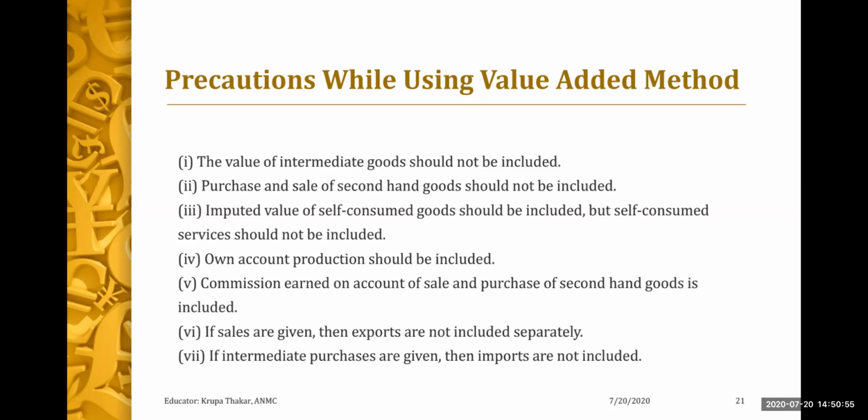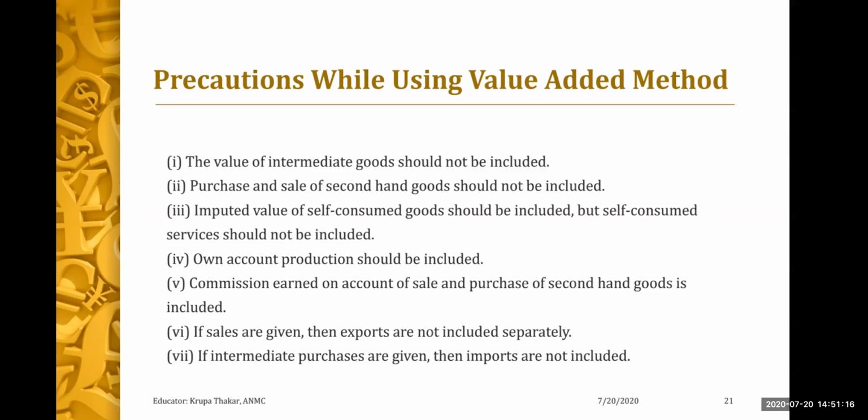So there will be unplanned accumulation of inventory. And the opposite of that, when there is an unexpected rise in sales, there will be unplanned decumulation of inventory, because you will have to sell some of your commodities from the stock. That is called unplanned decumulation of inventories.